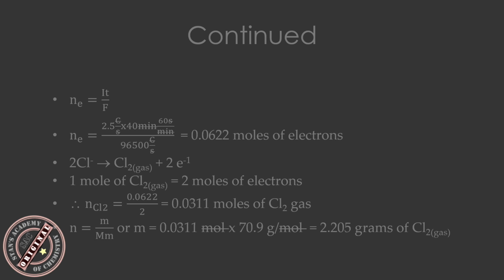You can convert the number of moles of chlorine gas to grams using n = m over molar mass, so m = 0.0311 moles times 70.9 grams per mole. 70.9 is the molar mass of diatomic chlorine gas, which gives 2.205 grams of chlorine. So that's how you can calculate the amount of substance liberated at the anode or deposited at the cathode by calculating the number of moles of electrons flowing through the circuit.